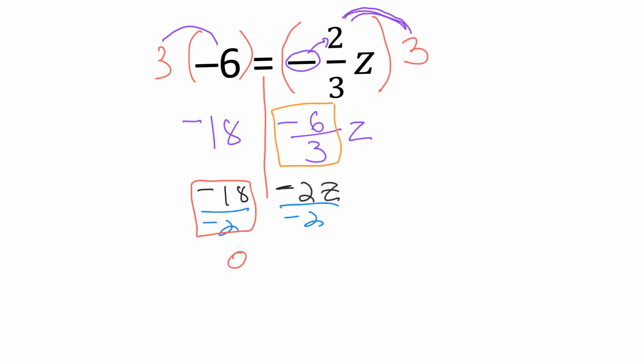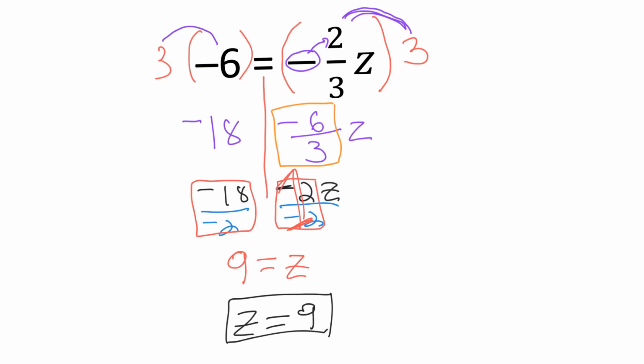Negative divided by negative is a positive 9. And the other side, negative 2 divided by negative 2, that's 1. We don't need that 1, so we just put a z. You can also switch. Remember, you can flip your answer. C equals 9. But this is a way so you can get rid of fractions.